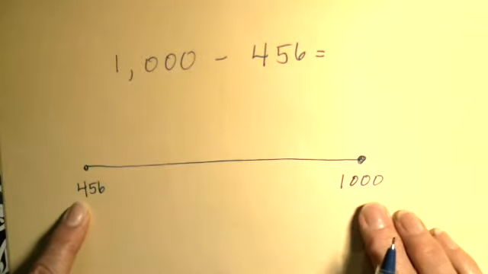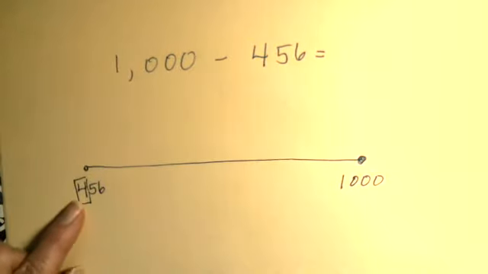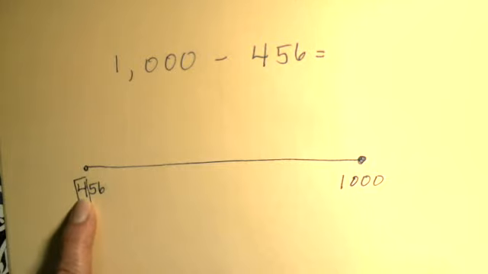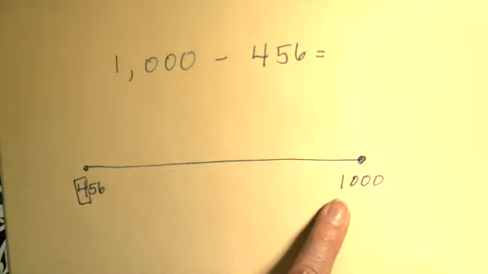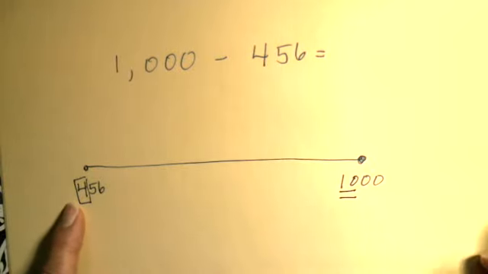456 and 1,000. So what you do is you start with your biggest place value, the 4 in the hundreds. I have to think, how many hundreds can I add to 456 to get as close to 1,000 without going over? If I add 600, that's going to give me over 1,000.